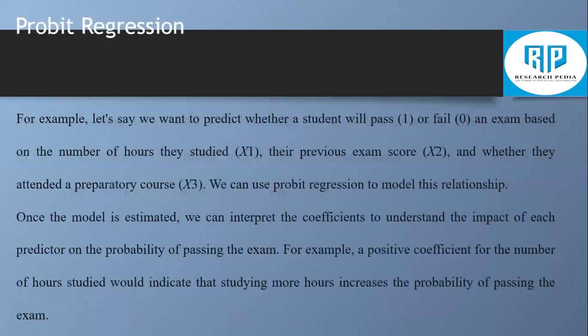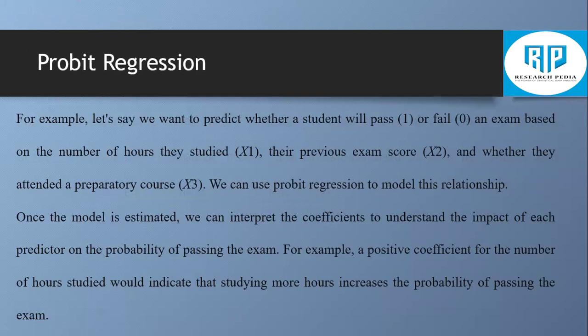So let us discuss some examples in order to understand this particular topic. For example, let's say we want to predict whether a student will pass or fail. For pass, we can code it as 1, and for fail, we may code it as 0.